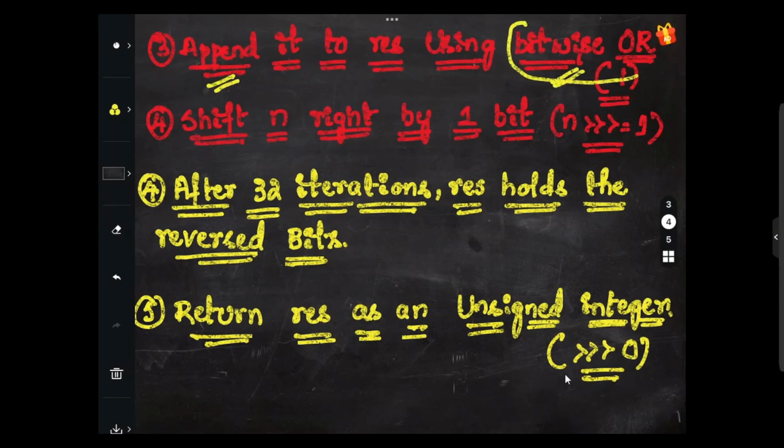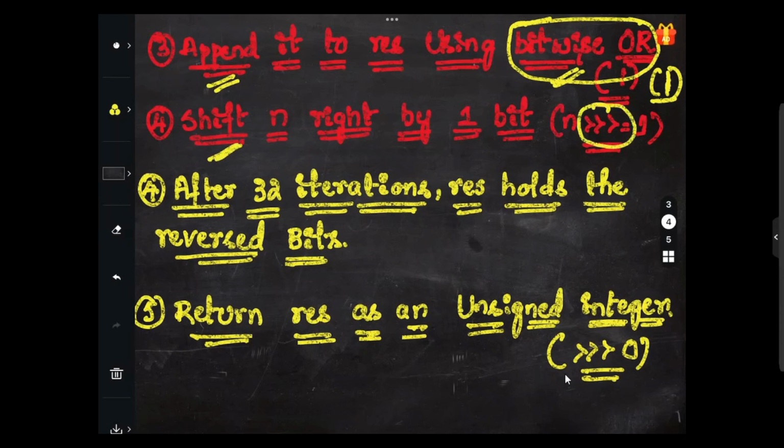So we'll be making use of the bitwise OR here. Finally, the fourth step is that we will shift n right by 1 bit.